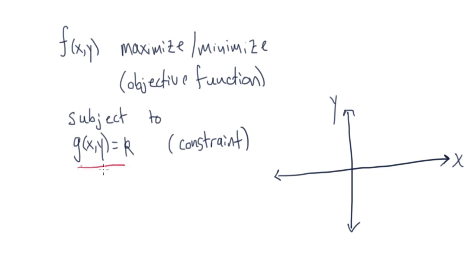So this is just a curve, so maybe it looks something like that, I don't know. So here's g equals k. And then the next thing I'm going to do is plot some level curves of my function. Okay, so maybe one is like this.